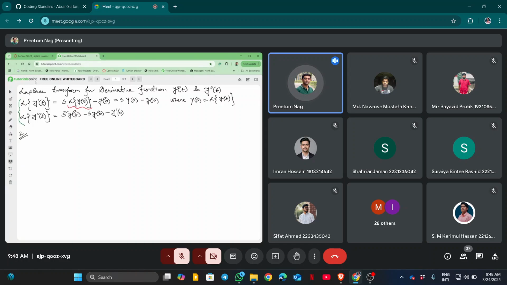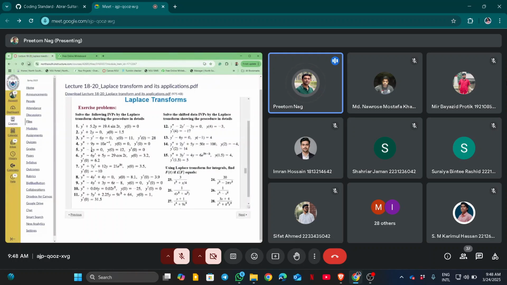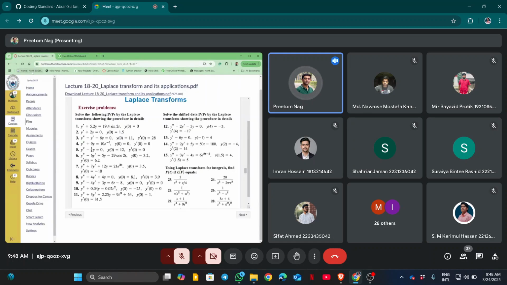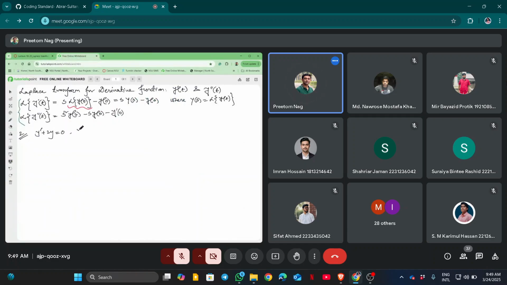So the given equation here is y prime plus 2y. We start with first order homogeneous: y prime plus 2y equals 0, and y(0) is here 1.5.